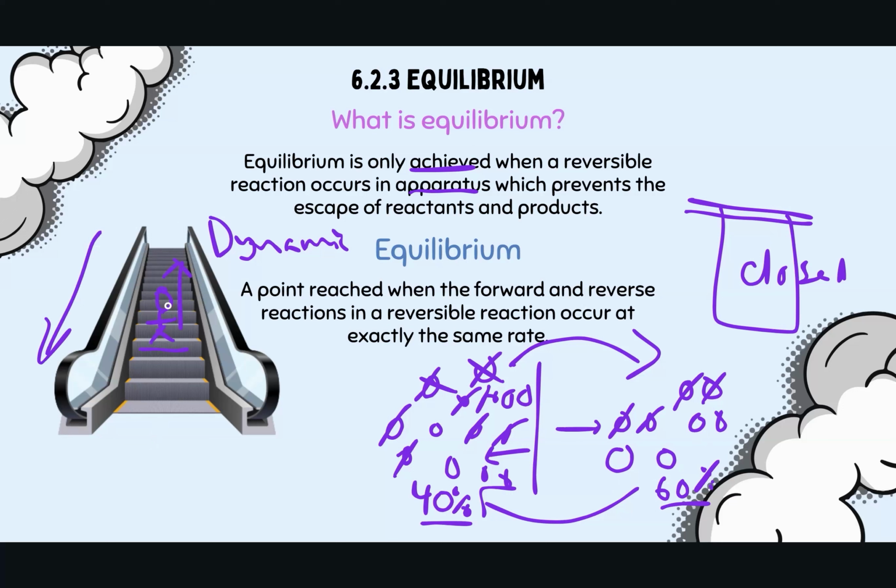So you see some children running as hard as they can, but they're stuck on, for example, the first, second, the fourth step. But they're still moving upwards, the escalator is still moving downwards, but that child isn't moving from the spot. That's dynamic equilibrium. So that's what we mean here.